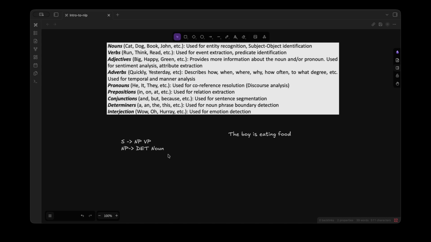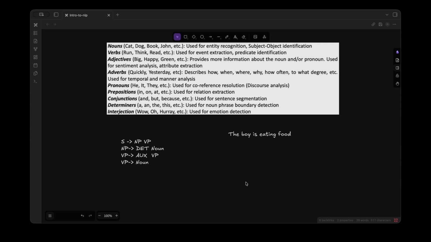The VP contains the auxiliary verb, which I'm writing as aux, and the verb phrase itself, so it derives itself. Then the verb phrase derives a noun.